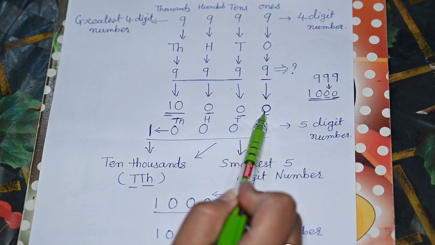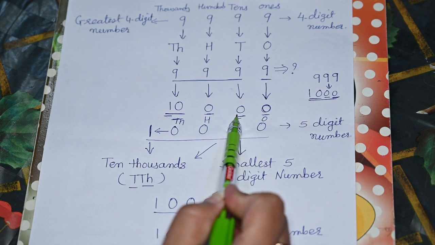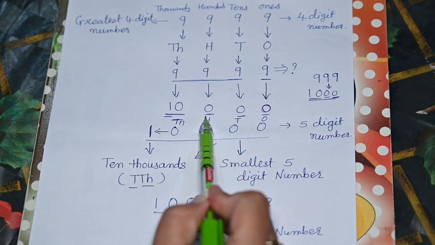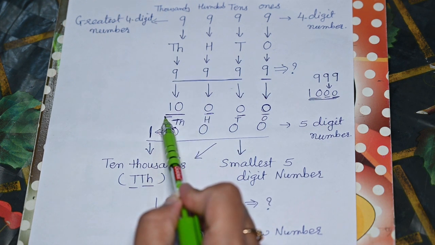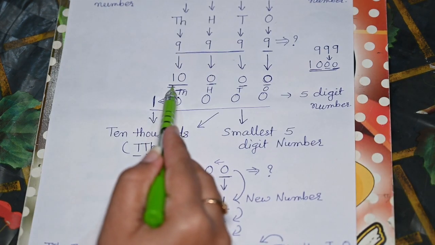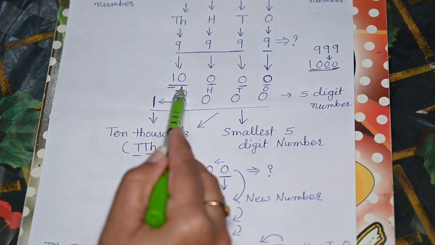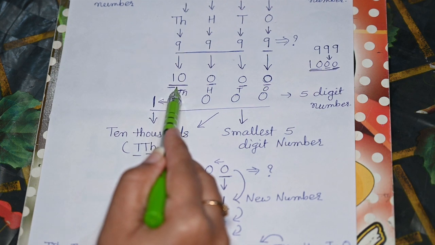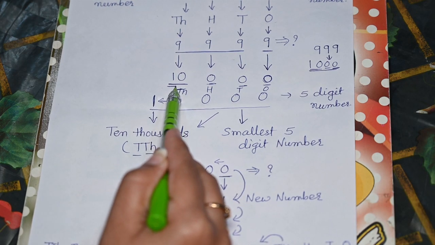0 is in the place of ones, 0 is in the place of tens, 0 is in the place of hundreds, and 10 is in the place of thousands. Oh, here are 2 digits in one place. We know that we cannot put 2 digits in one place or in one row. So what will happen?